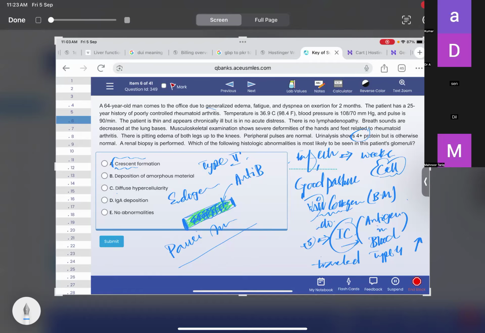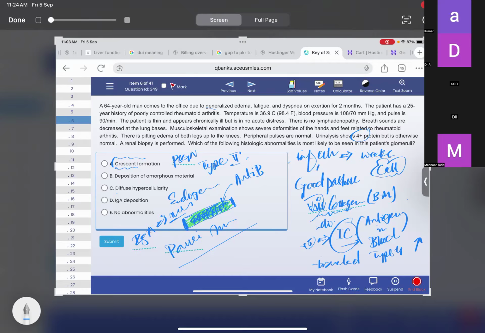So the difference was that in post-streptococcal it is subendothelial, and in IgA it is mesangial, okay? So it's type 3 hypersensitivity, right? You're saying IgA? Yeah, I think so, if I'm not wrong. You can verify it if I'm wrong, okay?